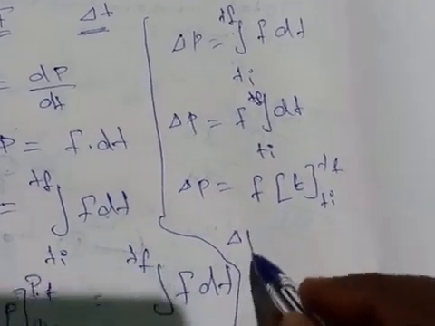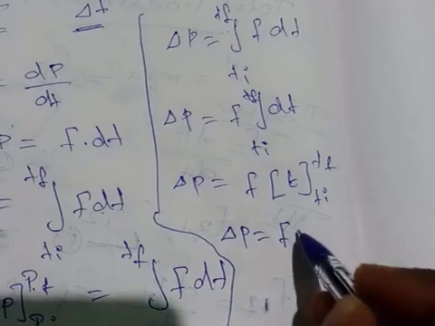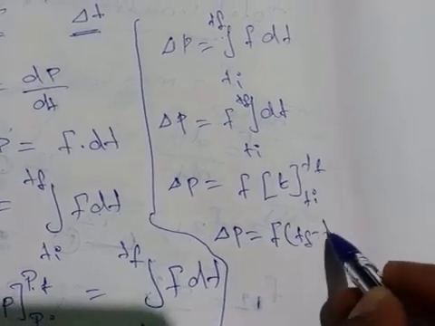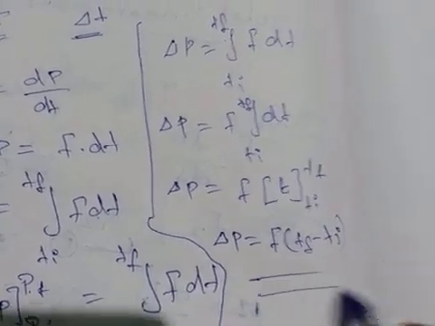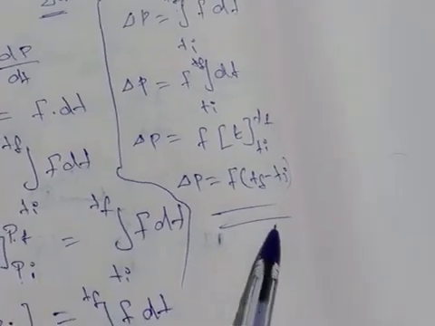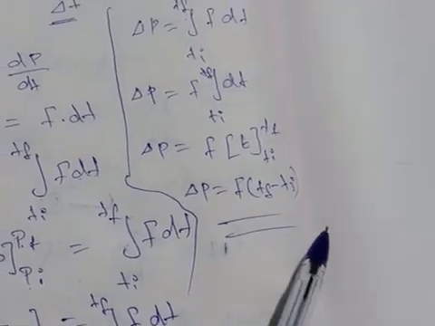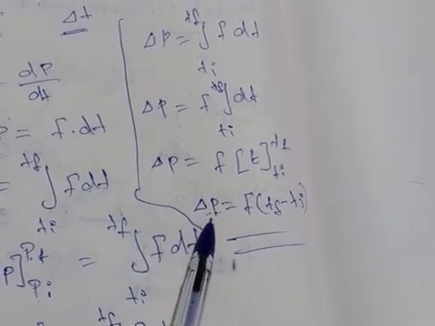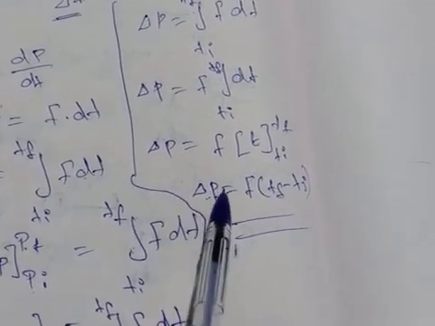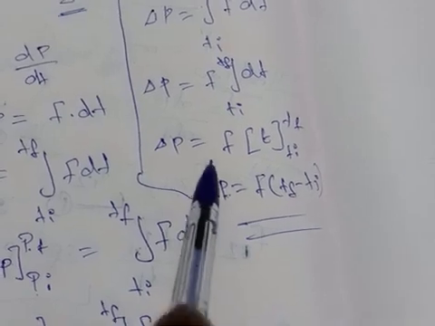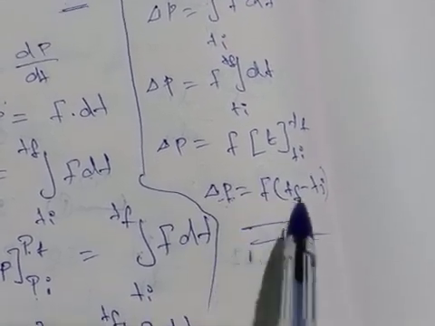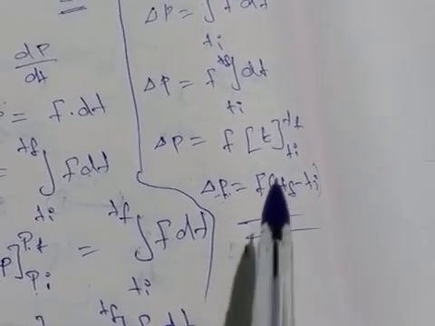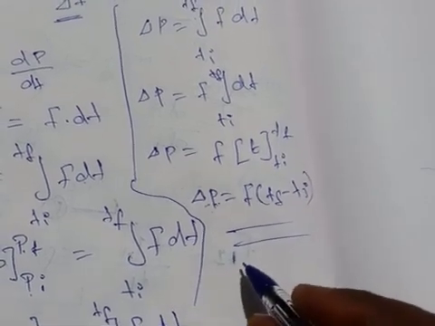So delta P is equal to F of Tf minus Ti. And this is what we can tell: impulse is the change in momentum, and this impulse is a vector quantity and its unit is the newton second.